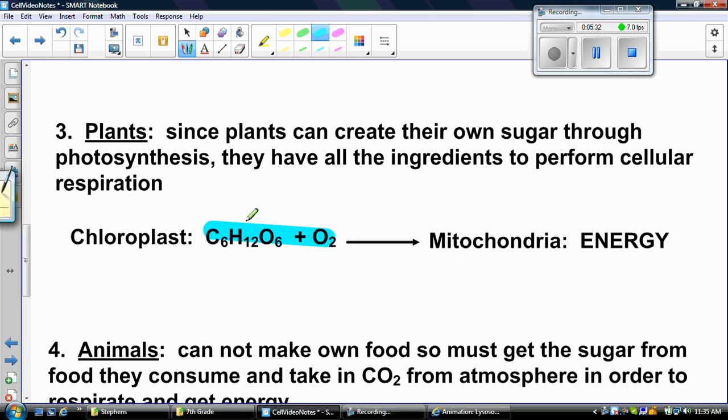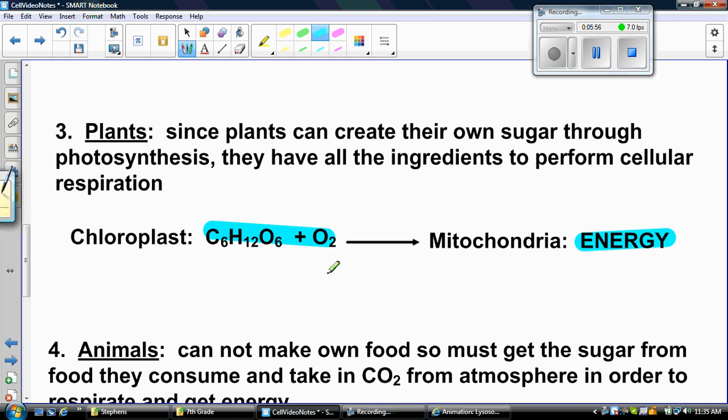So then that sugar and the oxygen that was created in the chloroplast goes into the mitochondria, where through cellular respiration, the plants create their own energy. Plants do not need to take in a whole lot of chemicals from the environment because they already have it inside their cells.